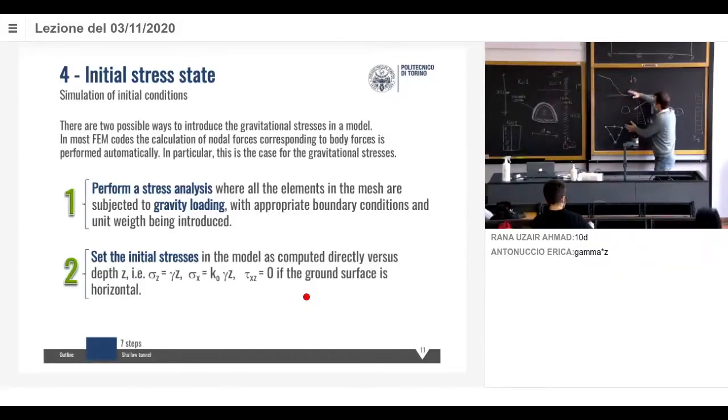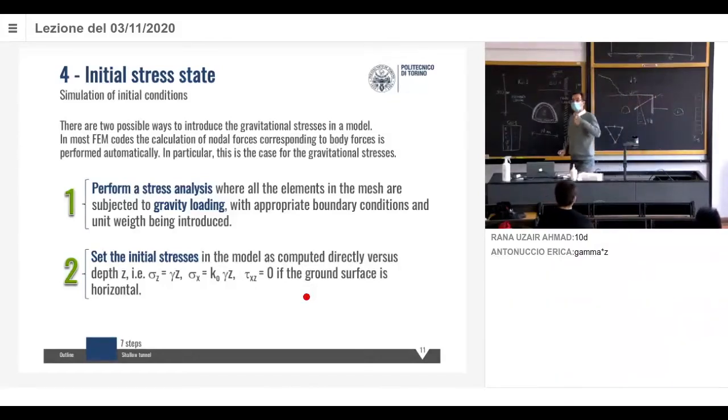What's going to happen? This is going to settle. This element is going to put its weight on the second one, this on the other one, and so on. The elements on the bottom will carry all the load of the other ones on top, exactly as happens in situ. And the software is going to compute the initial state of stress at each element in the model. So that's method number 1.